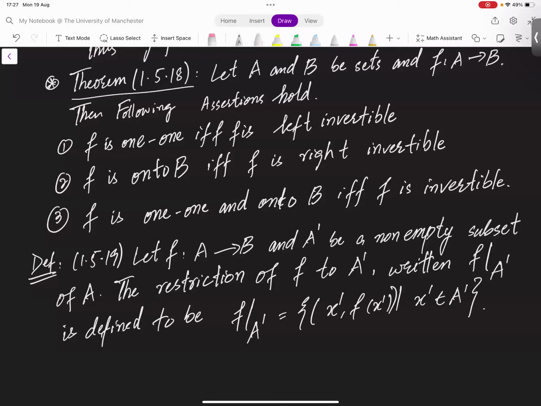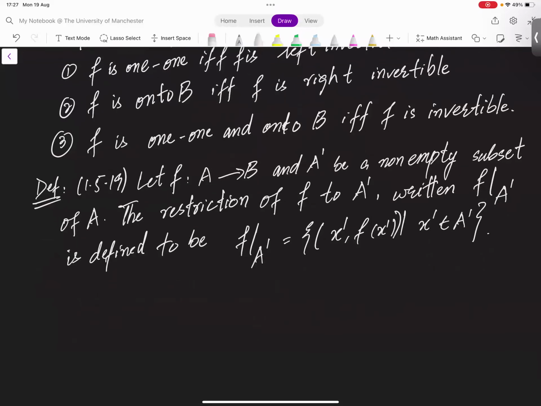We say that f restricted to A prime is really the function f, except that we are considering the function f on a smaller domain.